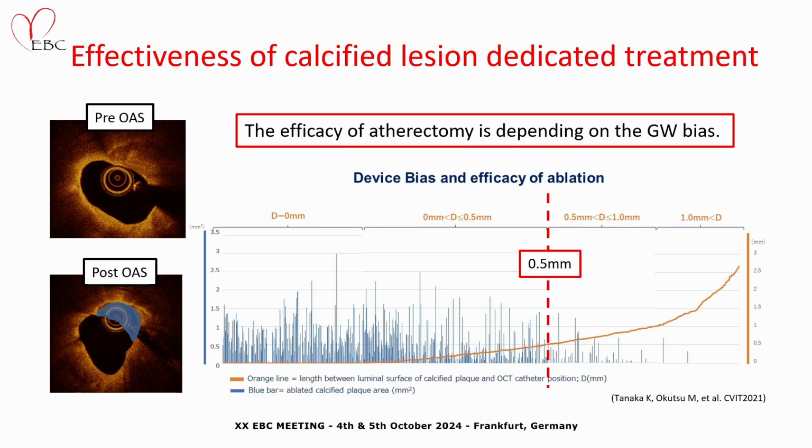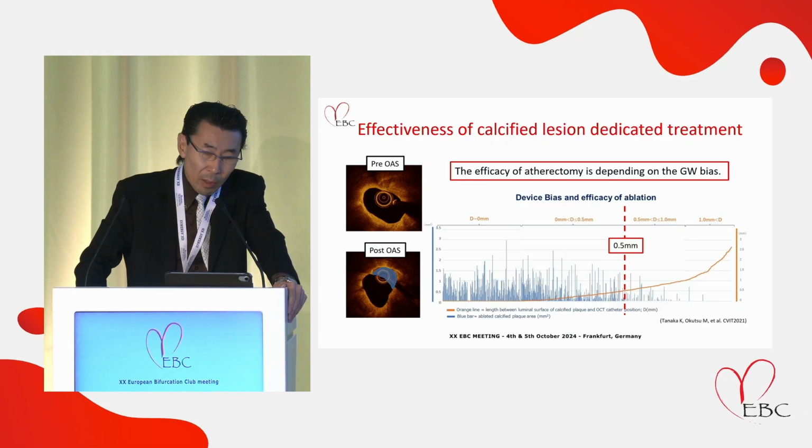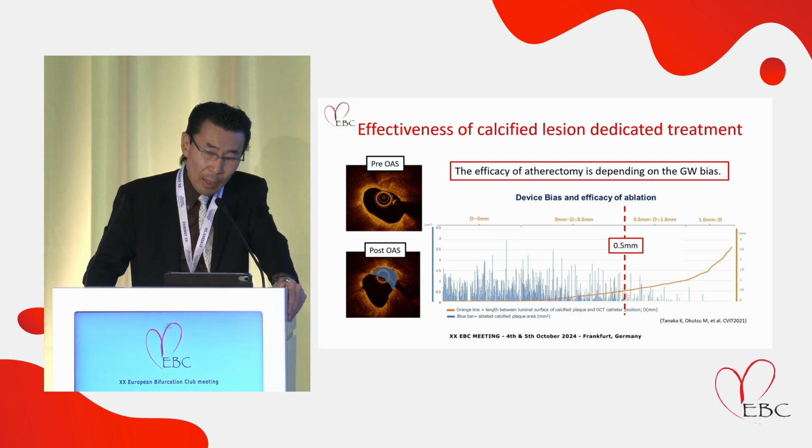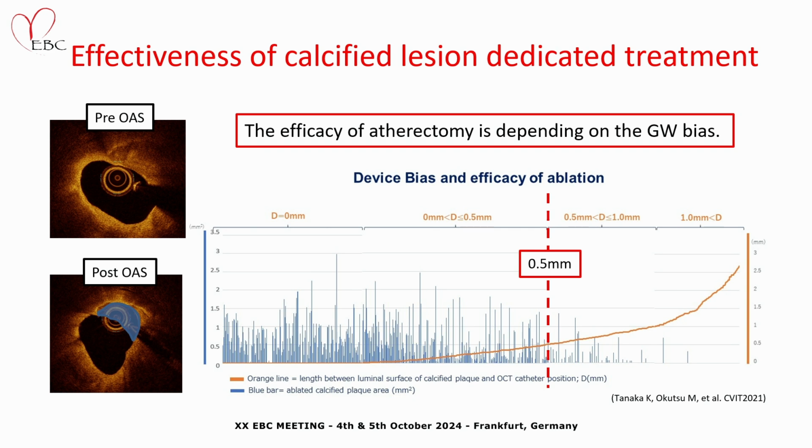From our data, a distance of less than 0.5 millimeter from the vessel wall to the guide wire is a good predictor of a good result after the orbital atherectomy system. So evaluation of the necessity and efficacy is very important for bifurcation PCI before the procedure.